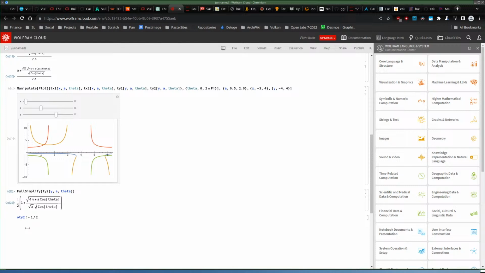A half plus the square root of, I probably have to type a capital S. And then inside I type the top thing divided by the square of a half, which is a fourth, times 4 is 1, so that's just y, plus, and then, let's type it in first, a cosine theta divided by that 4.